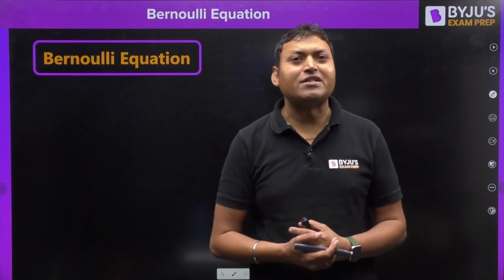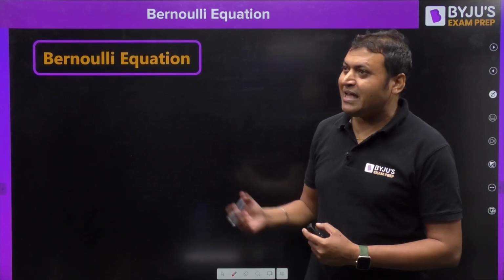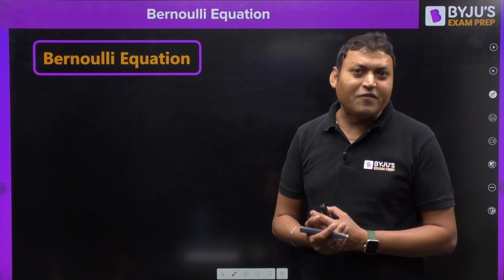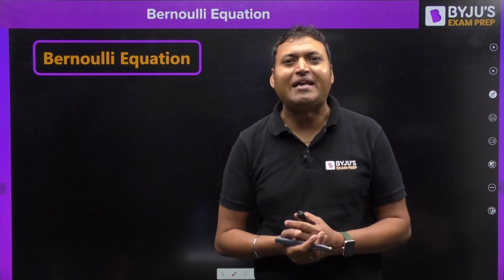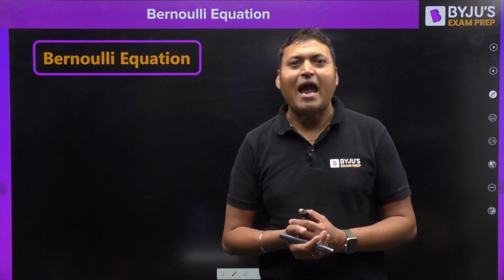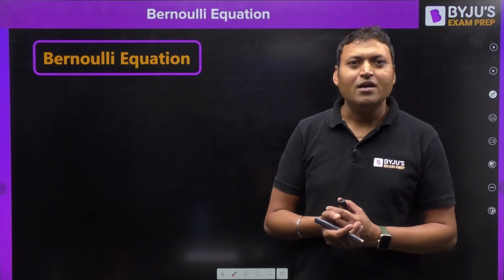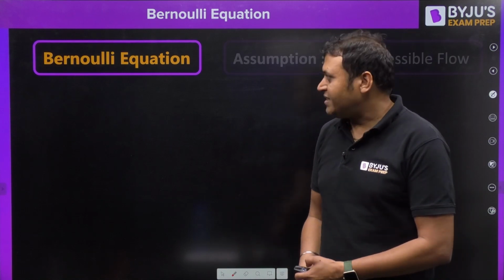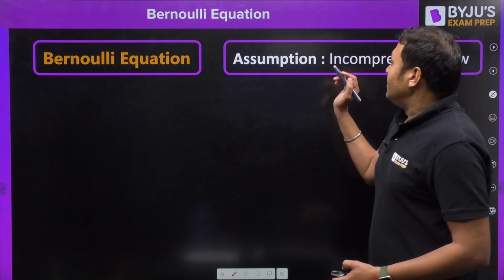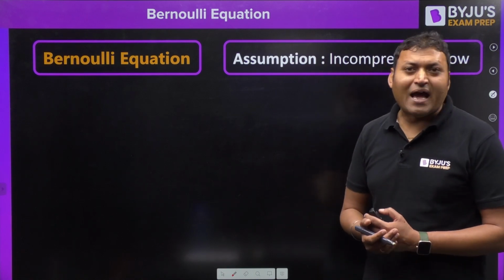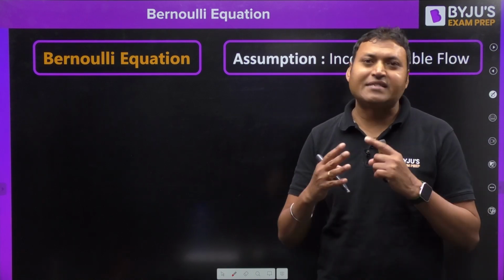Density will not be a function of space and time. So in the first term, density can be taken outside the integration, and the integration of dP will be equal to P.